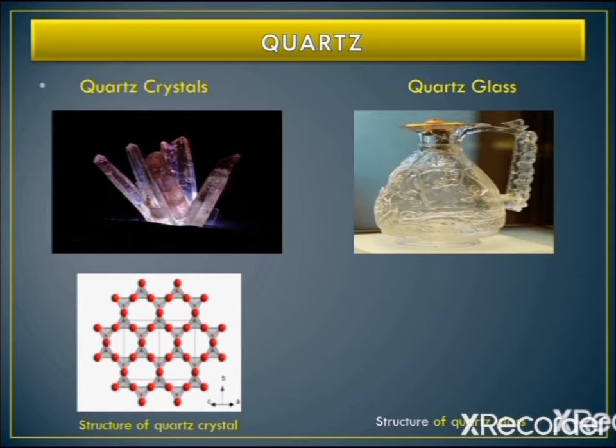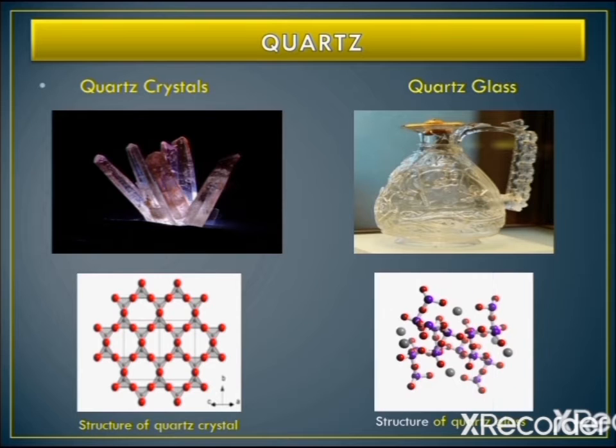Whereas the amorphous form of quartz is called quartz glass. In quartz glass, as you can see, the particles are irregularly arranged. Quartz is the crystalline form of silicon dioxide.